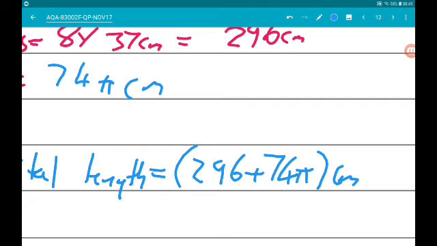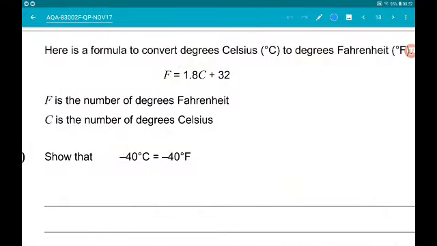So they haven't asked for it to 20 decimal places, but if you wanted to, we could say that this is 528.48 centimeters. Cool. Okay, 17, we have use of formula.